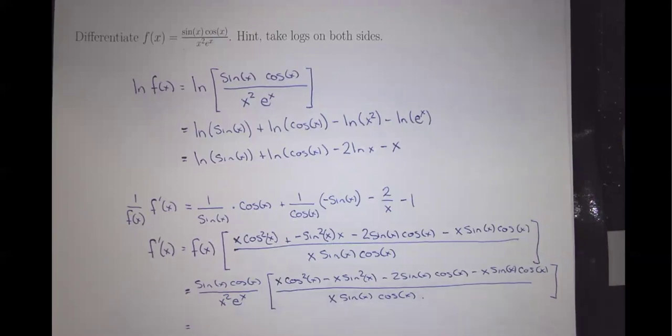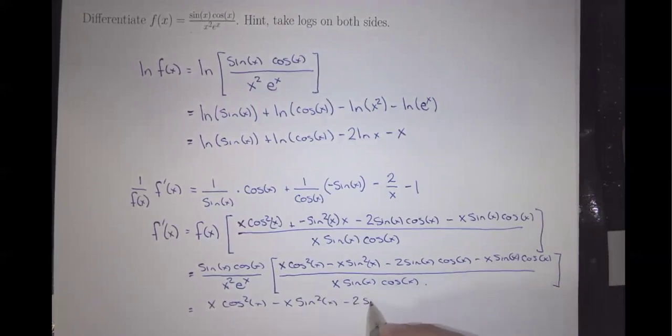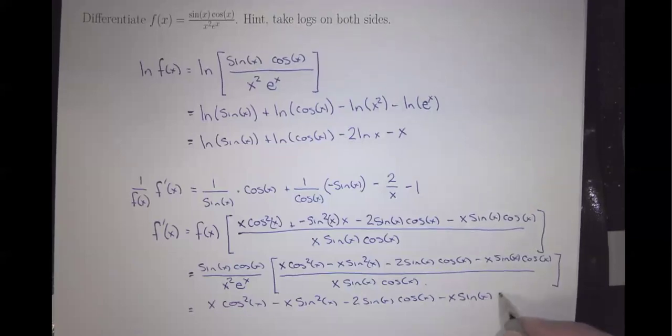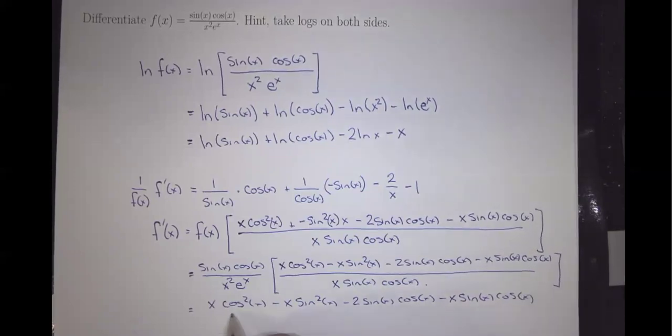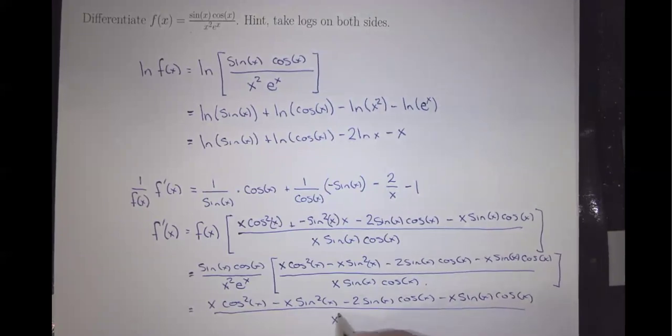And so the final answer might be something like x cosine squared x minus x sine squared x minus 2 sine x cosine x minus x sine x cosine x, all divided by x cubed e to the x.